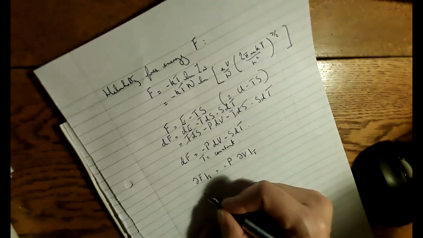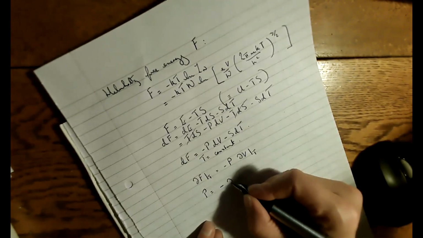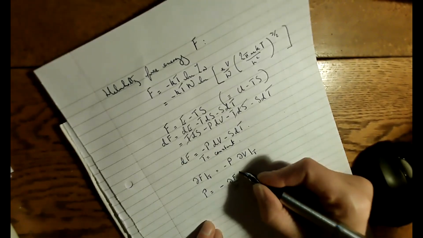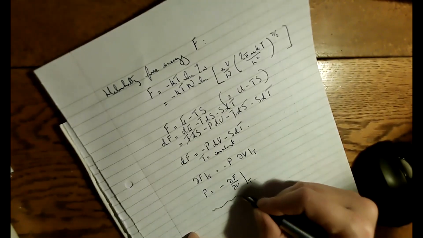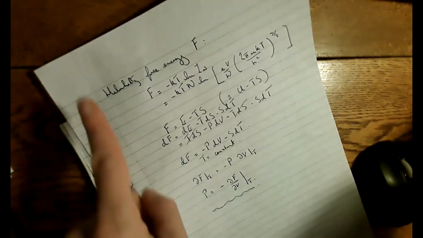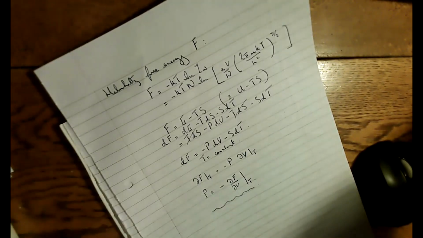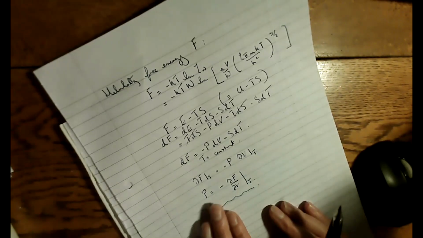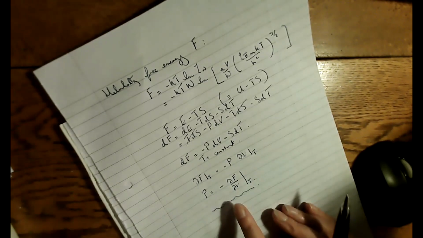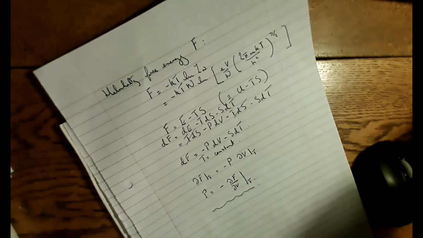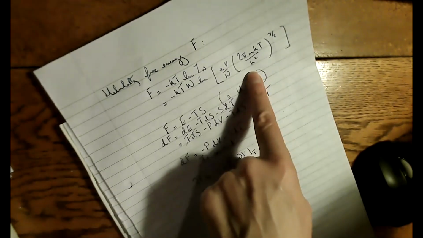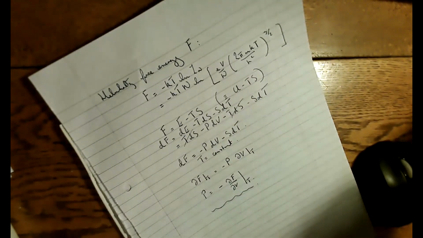So we get P is equal to minus dF by dV at constant T. So hopefully this type of derivation is now starting to feel very familiar to you. So now we've got this expression for the pressure in terms of the derivative of the free energy. So I can actually use this expression to calculate an equation of state from this. Okay, so we can do that now.